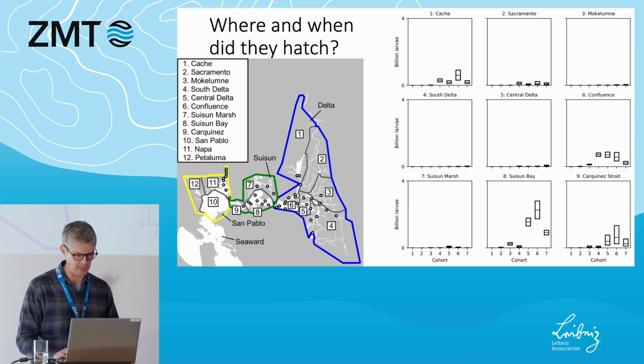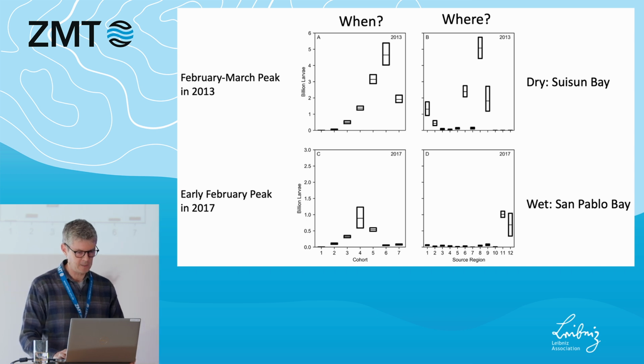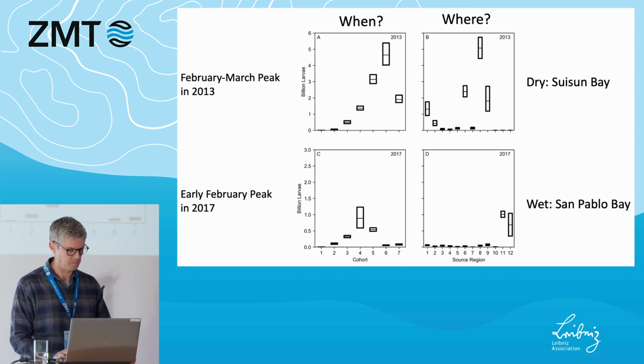Okay, so we can compare 2013 and 2017, and we can see a smallish difference in timing of hatching, and a pretty big difference in distribution, where during the drier year they were hatched mostly in Suisun Bay and dominantly in San Pablo Bay in the wet year.